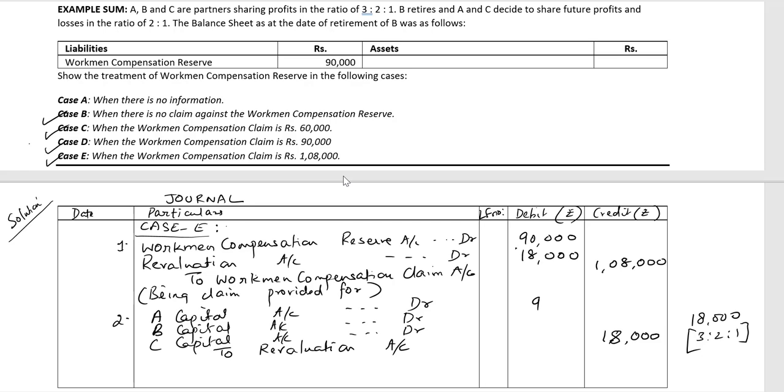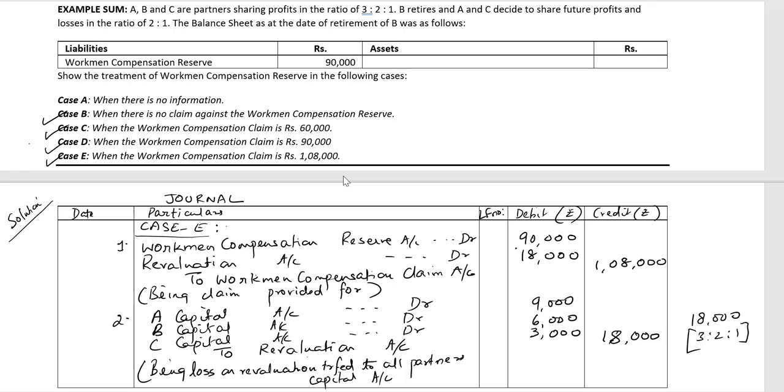So against partner A, we have 9,000 rupees, 6,000 rupees against partner B, and 3,000 rupees against partner C, being loss on revaluation transferred to all partners' capital accounts in old profit sharing ratio.